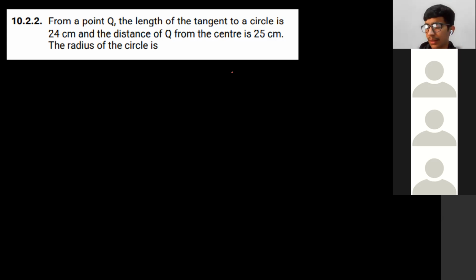Cool. I'll make the figure and let's see उसके बाद कौन-कौन figure out कर पाता है. So we have a point Q. The length of the tangent to the circle is 24 centimeter and the distance of Q from the center is 25 centimeter. Okay. So we have a circle like this.